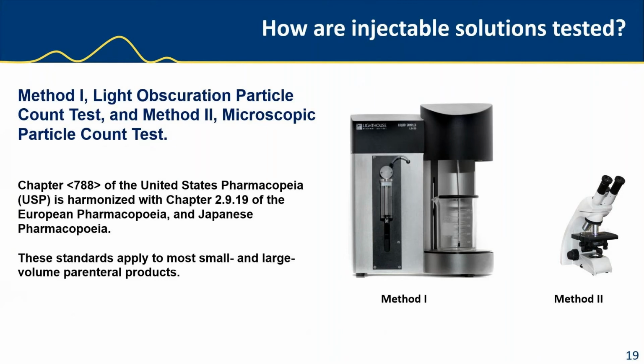The instrument measures the number and size of particles in the injectable formulation and the results are compared to USP requirements. So we'll only be focusing on method 1 in this webinar tutorial today. Let's look at this method in a little more detail so you understand the technology of the light obscuration or light blockage method.